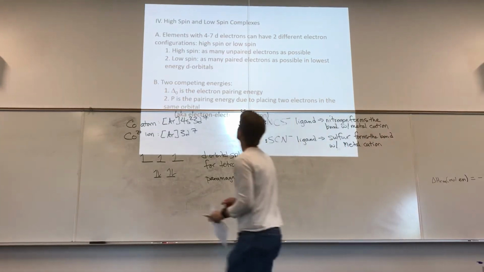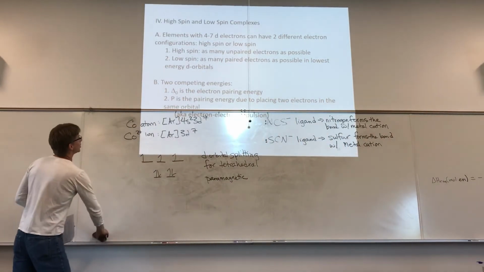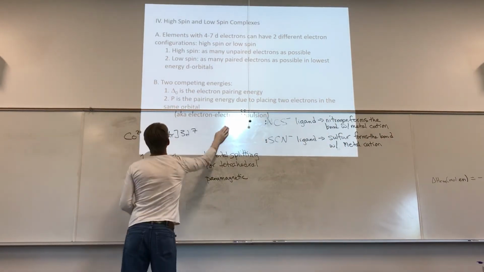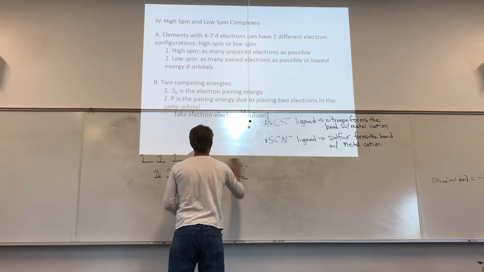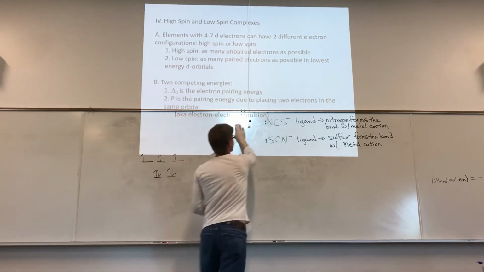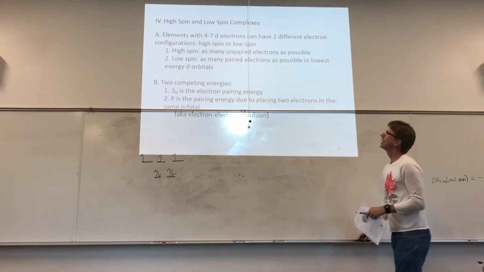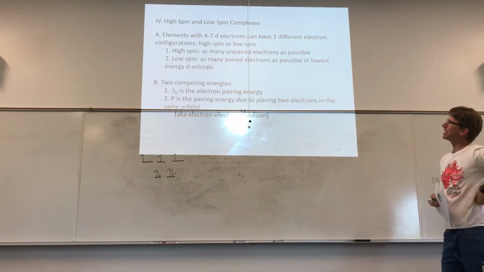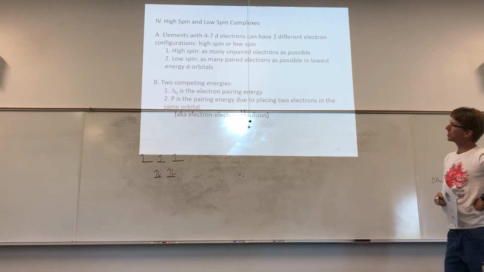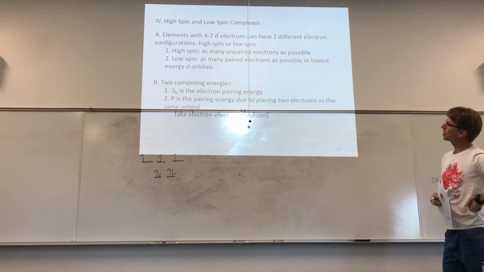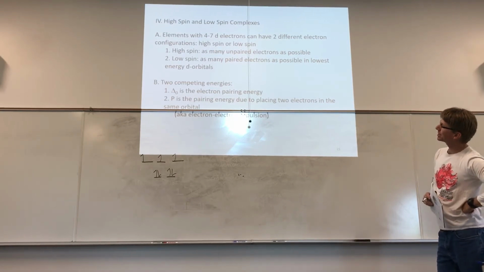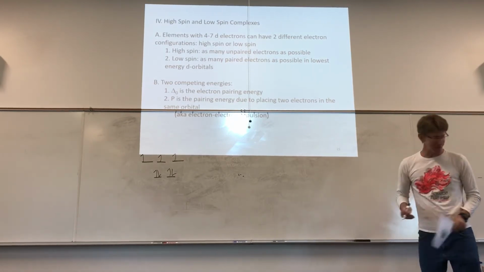All right. High spin and low spin complexes are the next level of complexity. It says elements with 4 to 7 d electrons can have 2 different electron configurations, high spin or low spin. Let me add something to this.